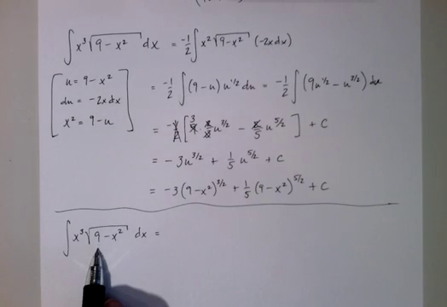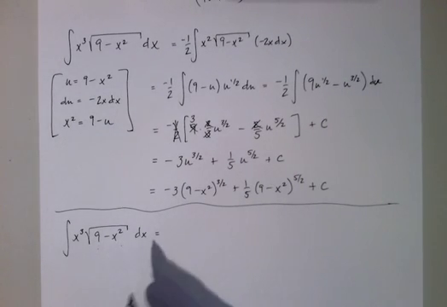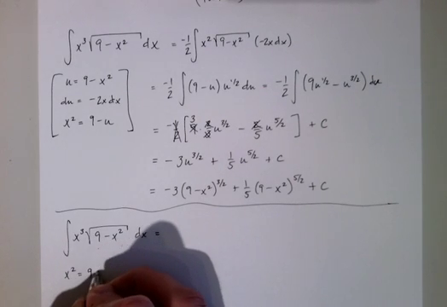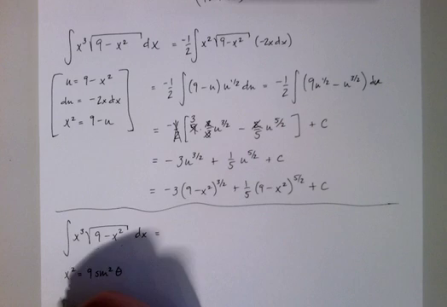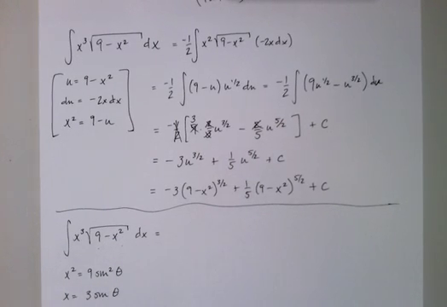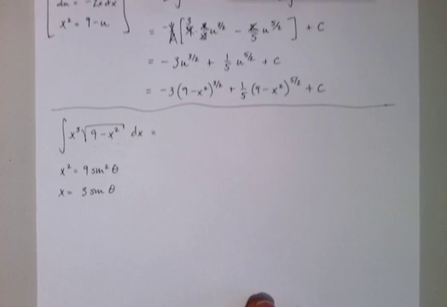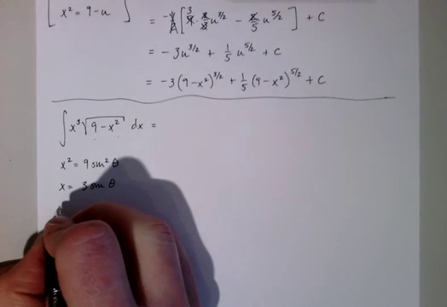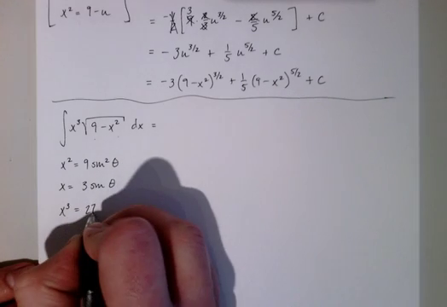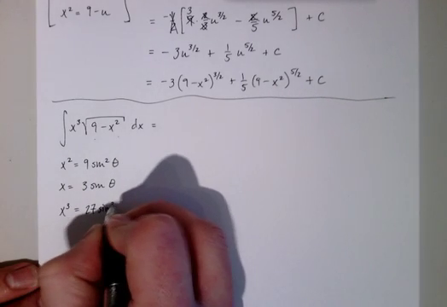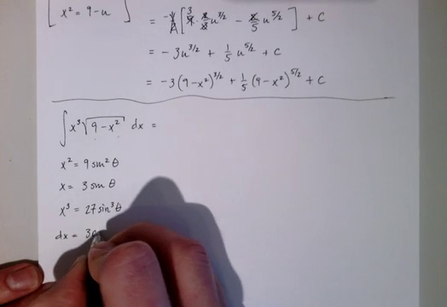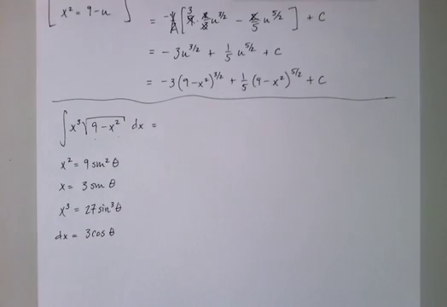I know that this is a squared minus x squared, and I know that my x squared needs to be 9 sine squared theta, which means that my x is going to have to be 3 sine theta. Okay? Well, if that's the case, then x cubed is 27 sine cubed theta, and dx is 3 cosine theta.